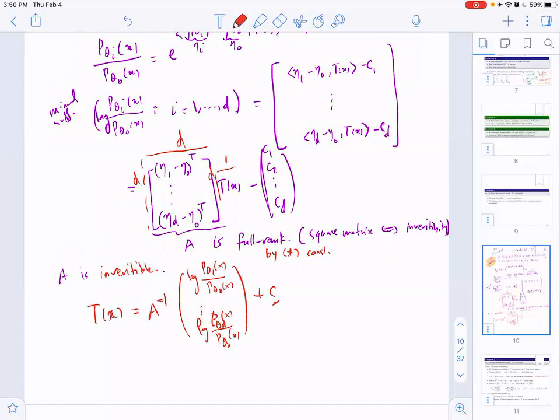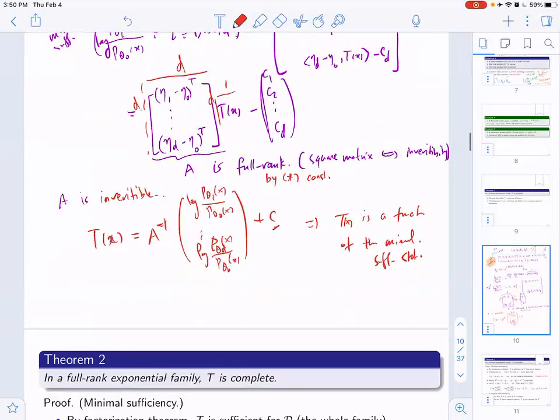And in fact, it's a one-to-one correspondence. So T is a function of the minimal sufficient statistic, hence itself minimal.